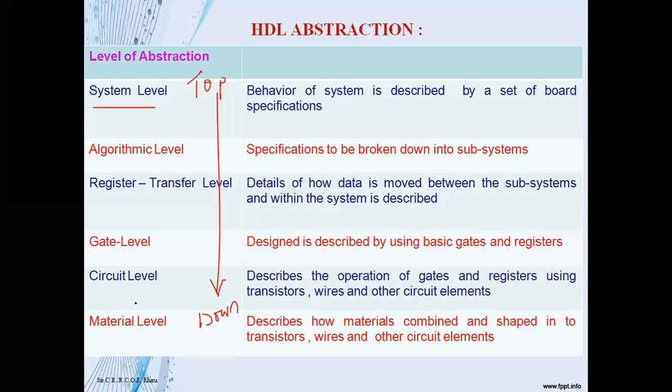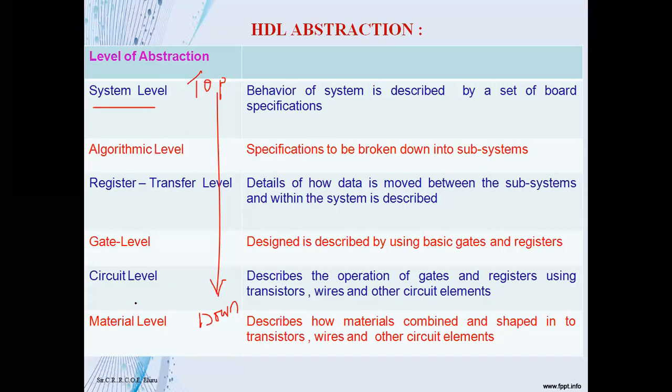The next one is the gate level. At the gate level, we use the basic gates required to build that system. At the circuit level, it is easy, because whatever gates you used at the gate level will be described in terms of circuits.